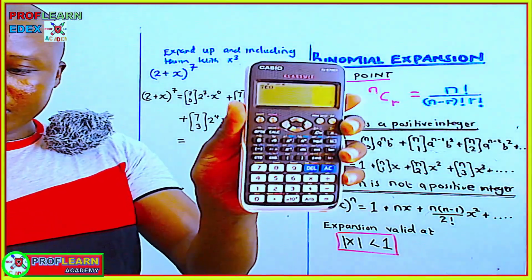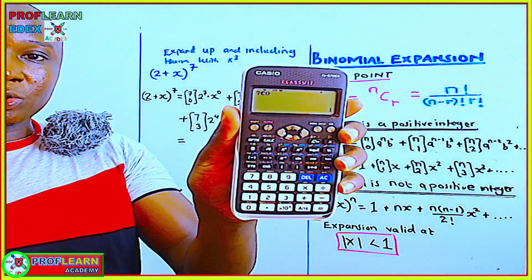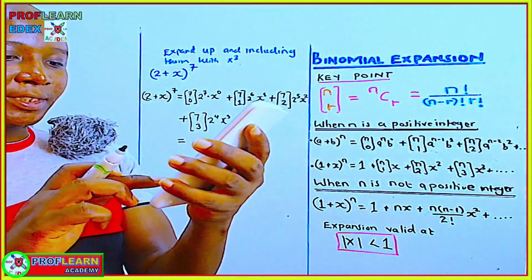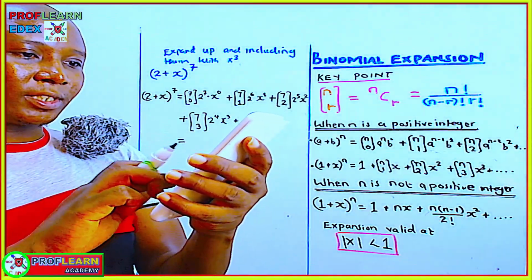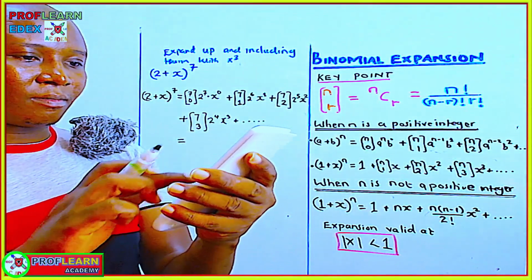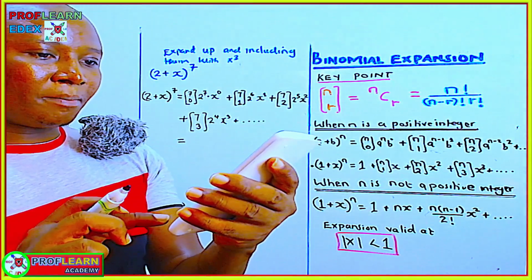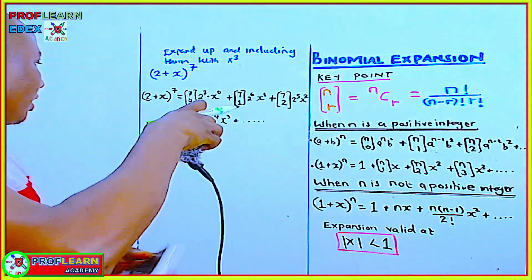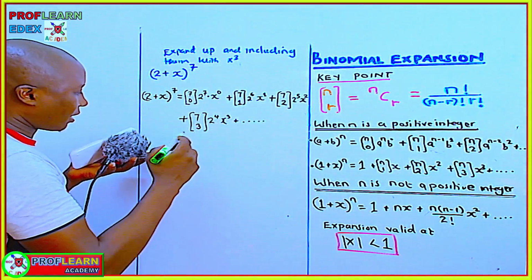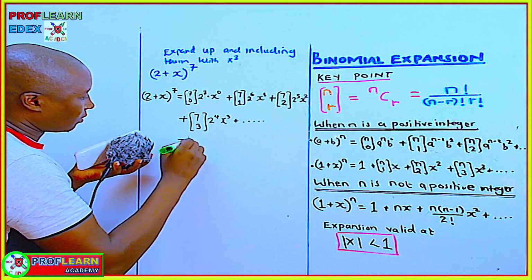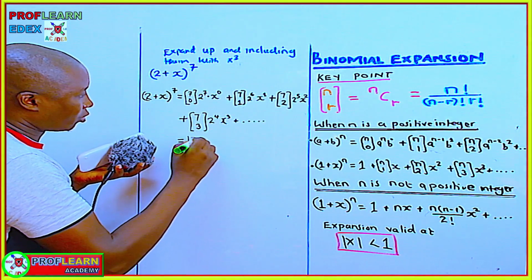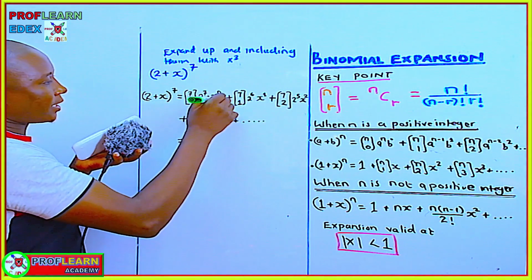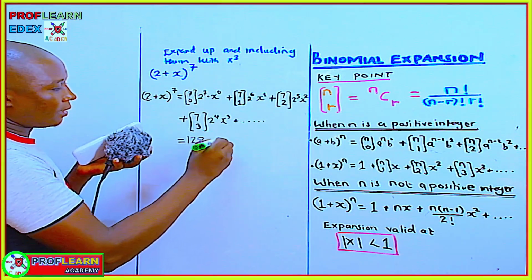You can see 7 combination 0 is 1, then times 2 power 7, and the answer becomes 128. The first term here becomes 128 because x power 0 will be 1, then plus.